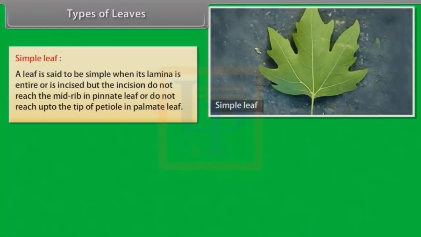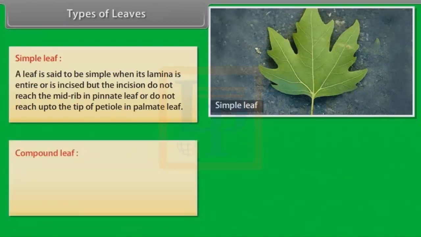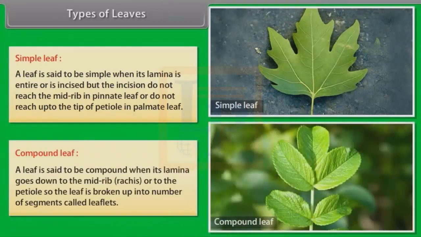A leaf is said to be simple when its lamina is entire or is incised, but the incisions do not reach the midrib in pinnate leaf or do not reach up to the tip of petiole in palmate leaf. Compound leaf. A leaf is said to be compound when its lamina is incised down to the midrib, rachis, or to the petiole, so the leaf is broken up into a number of segments called leaflets.